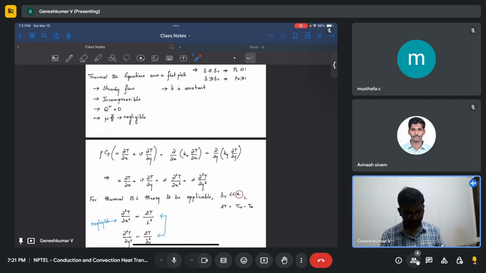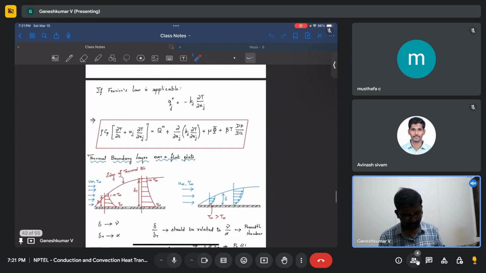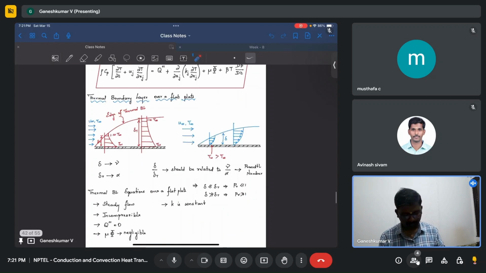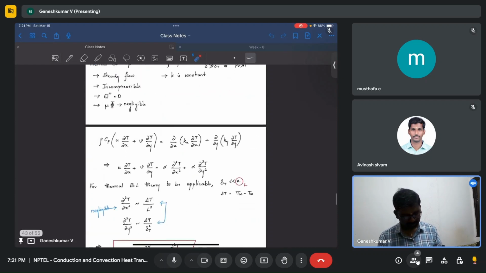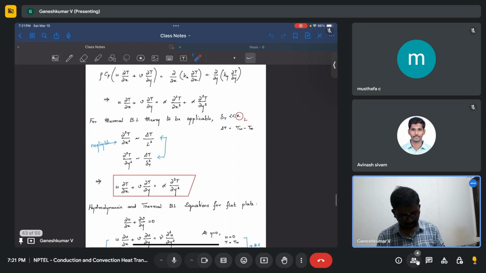For boundary layer, the equation simplifies as this, so you should not get confused. This is still this equation, but since it's a boundary layer, it's 2D steady. All these approximations we made, incompressible, all the approximations, if you make them to this equation, you will end up having this equation. This is not a new equation we just introduced, we already derived it. And then this equation we further simplified, and then we applied the thermal boundary layer.